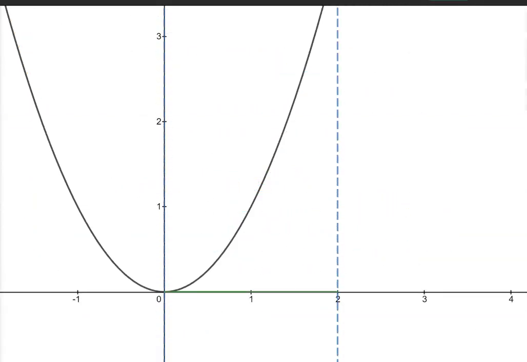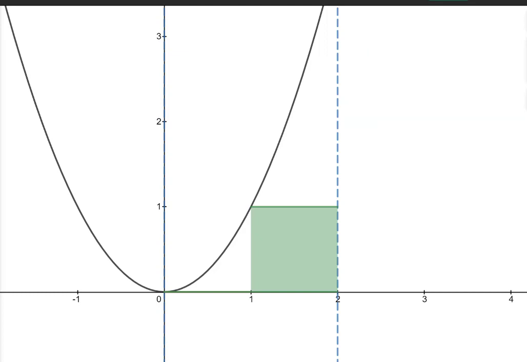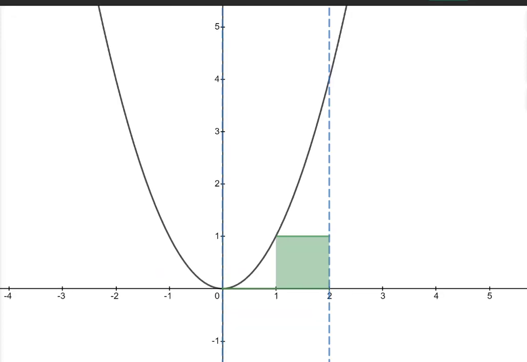So let's say if we have 2 pieces there, and this is just your normal quadratic. This will work on any function. So let's say, just for the sake of argument here, we want to find the area underneath the curve f of x equal to x squared from 0 to 2. Now you know this parabola from 0, so in other words, this area here from 0 to 2, that's two pieces right there.